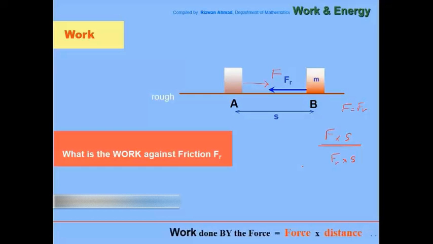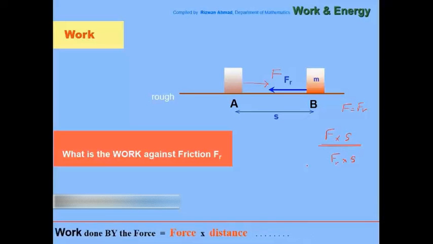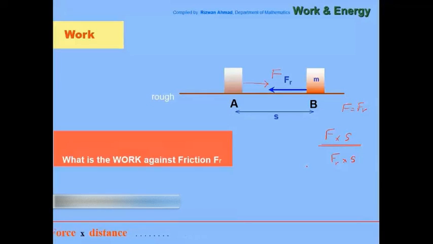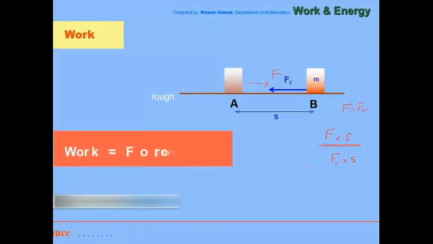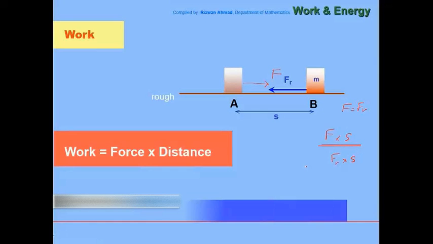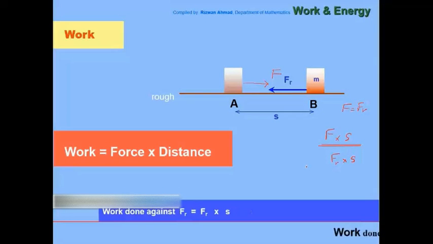Mathematically the value will be the same, either F times S or Fr times S, where Fr is the force of resistance. So the work done against the friction, or against the resistive force Fr, will be equal to Fr times S.